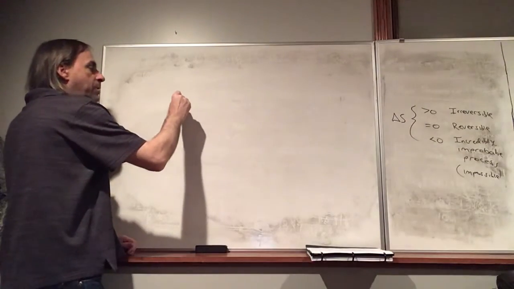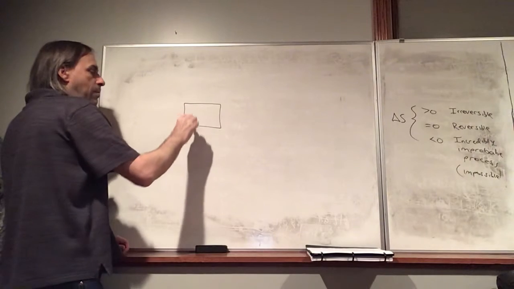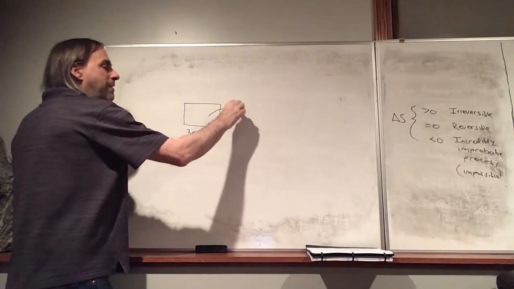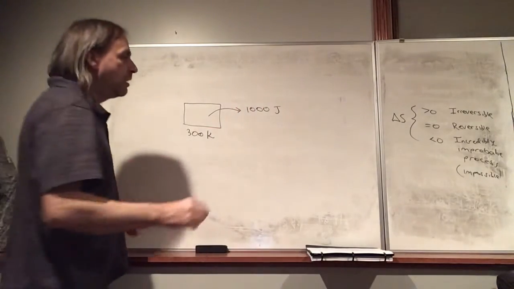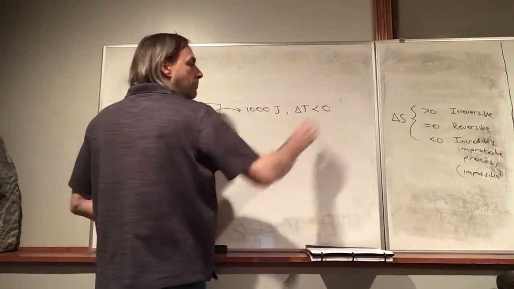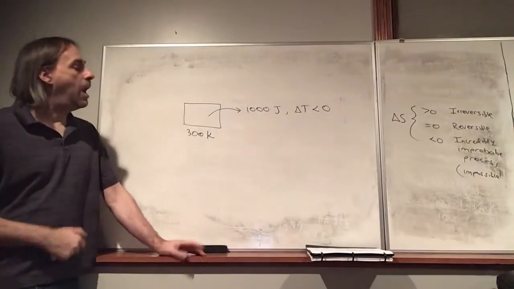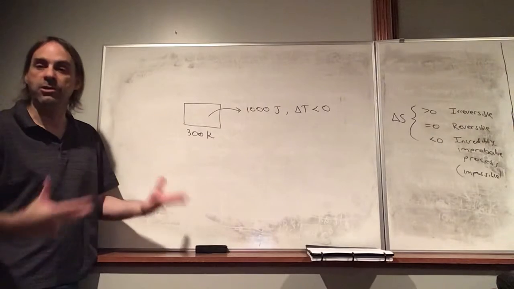Let's say we have an object at a particular, reasonable temperature, like 300 Kelvin. And let's say we remove 1,000 joules of energy, we're going to get some delta T, and maybe a fairly significant delta T. But in order to remove that energy, we have to do some work.